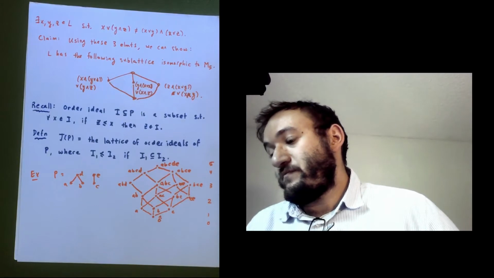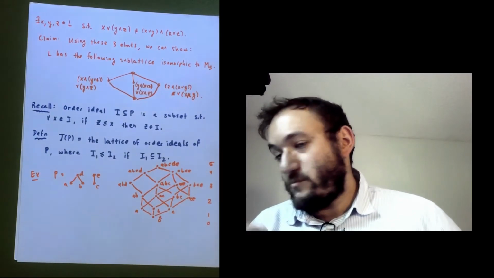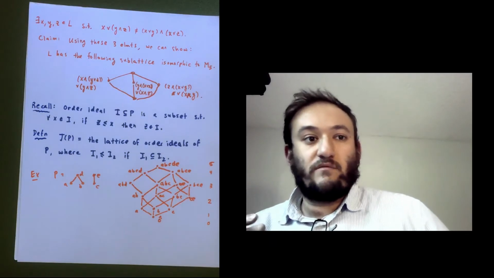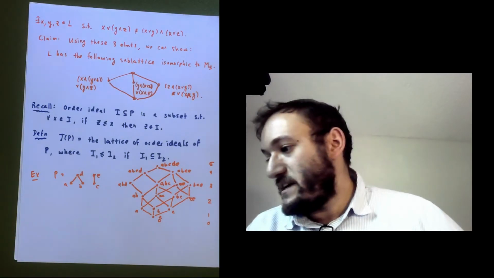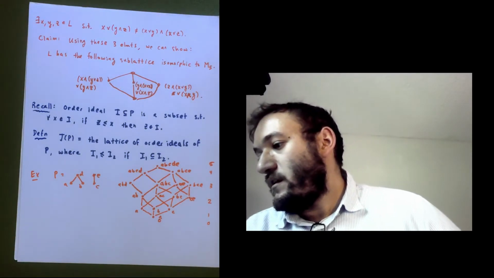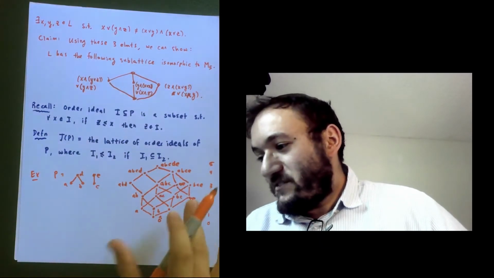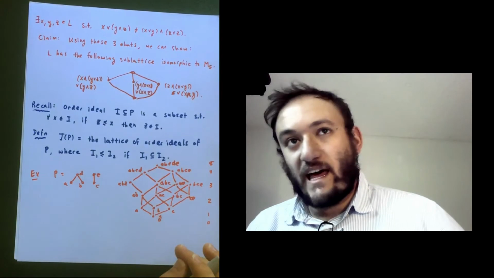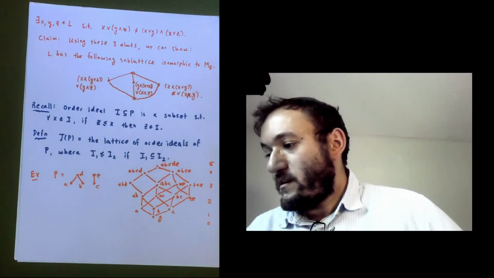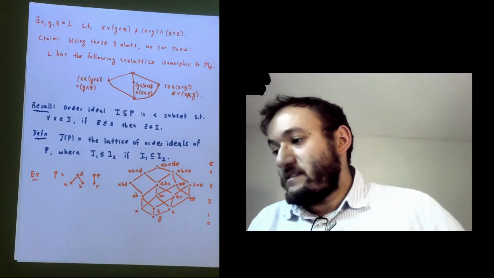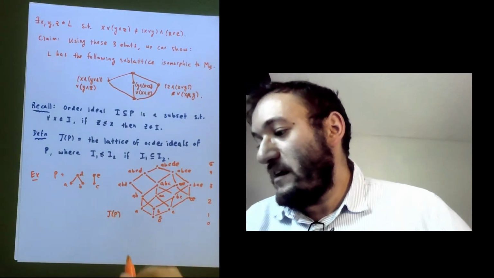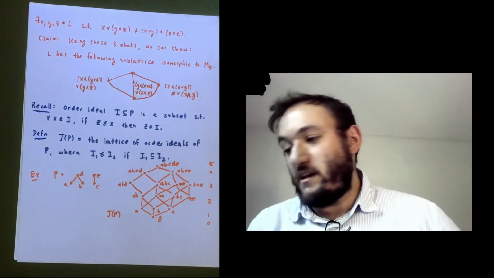And you'll have distributivity from properties of taking unions and intersections of subsets. And you have a lot of nice local structure here. It looks a little bit like a Boolean lattice in a lot of places. But this is an example of J of P. So it's a lot more complicated than just P.